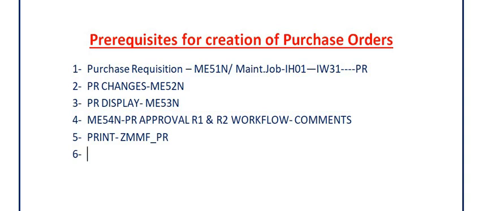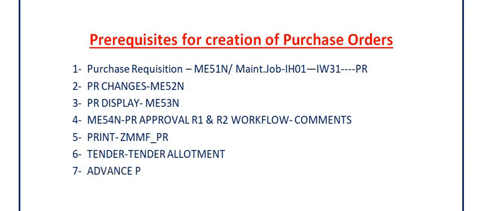So here the next step is tender. Call for the tender, tender allotment. The procurement cell will do the tenders, and the tender allotment is there. There is a separate procurement process, right? And now the procurement cell will create the advanced purchase order using ME31K.